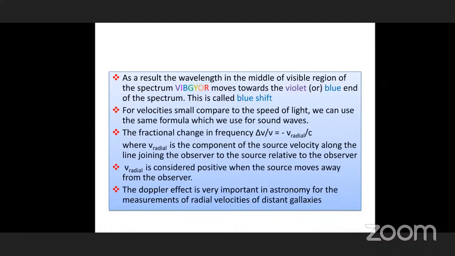V radial is the component of source velocity along the line joining the observer and the source, relative to the observer. Why is it a component? Because velocity is also a vector. Whenever you join the star and the observer on the earth, you get one line, and the velocity shows in which direction the star will move.